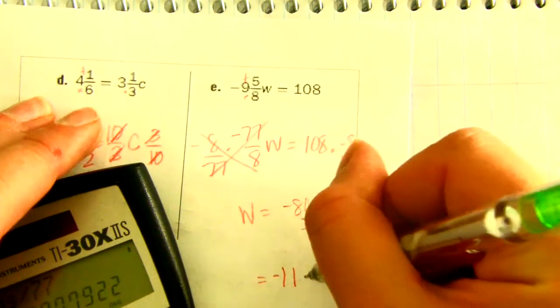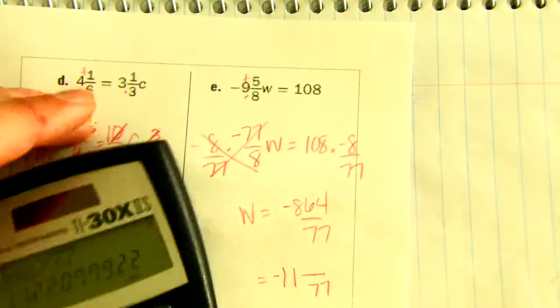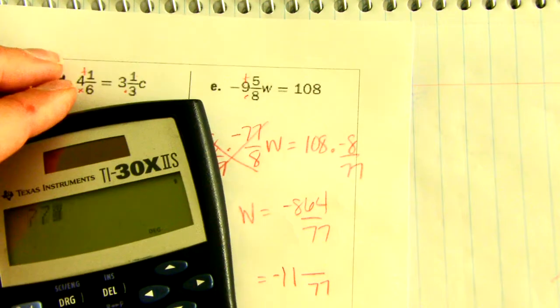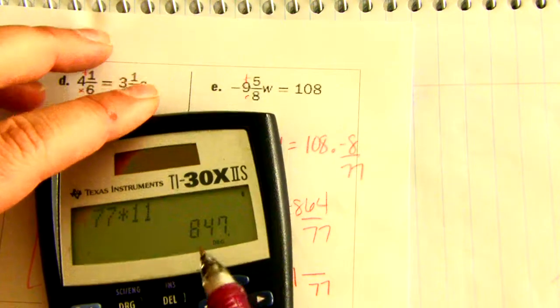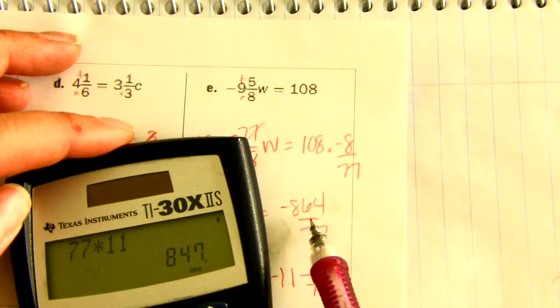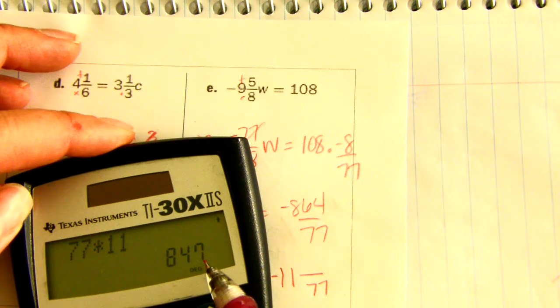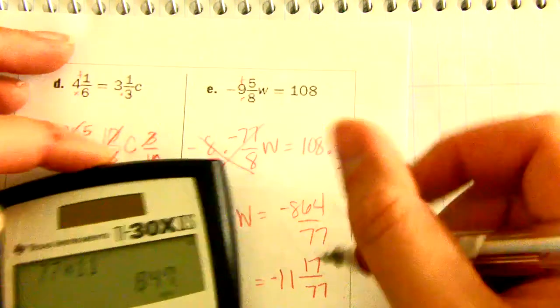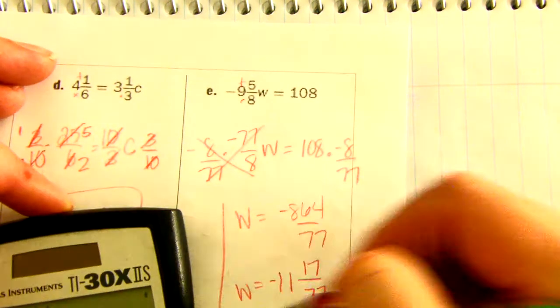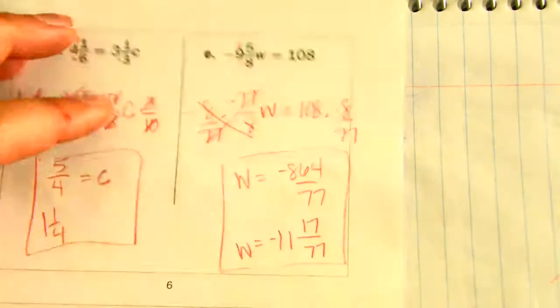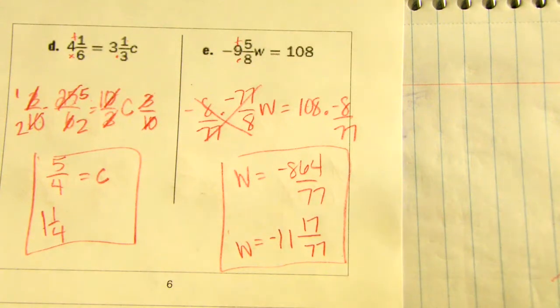So I got my negative 11, and then I keep the 77. So now I'm going to multiply those two. Gets me to 847. To get to 864, that would be 3 more to get me to 50 plus 4, 17. So we get W, these are both equivalent answers, just depends on what the directions ask for.